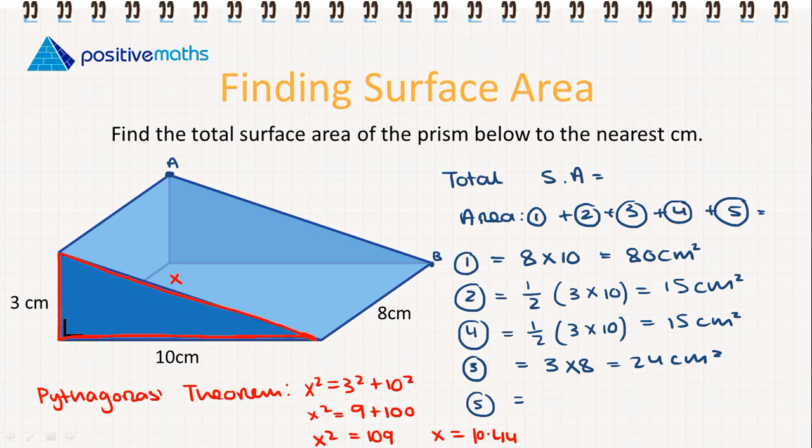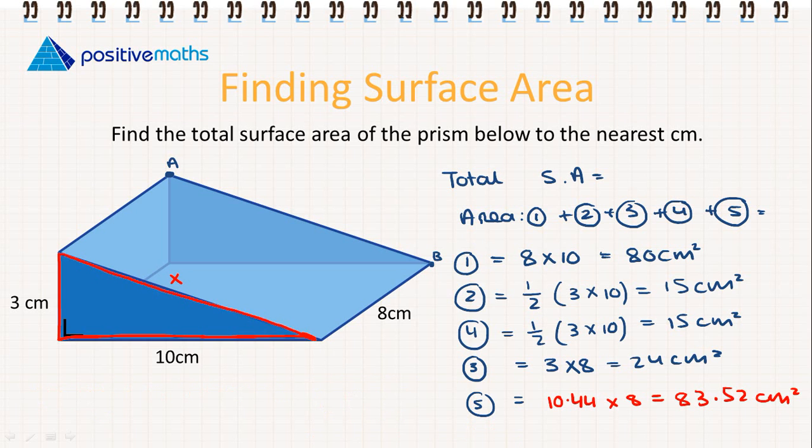Okay, so if we go back to 5 then, we need to find the area of this rectangle at the top. So that's going to be 10.44 multiplied by 8. Which is going to give us 83.52 centimeters squared. So our total surface area is going to be the sum of all of these sides.